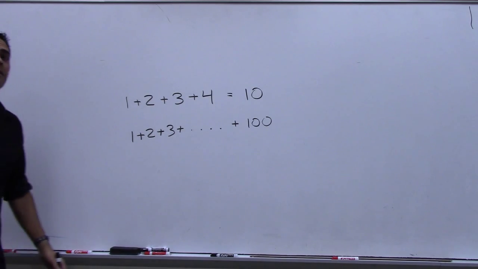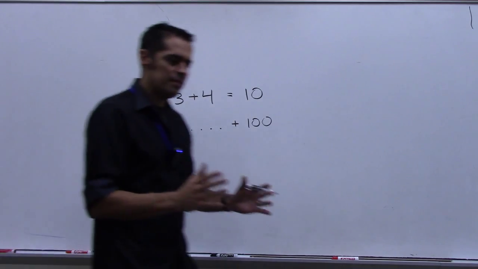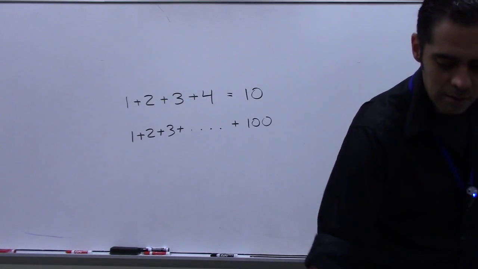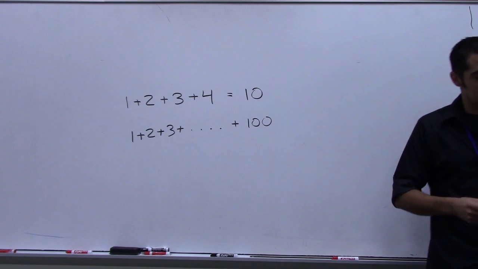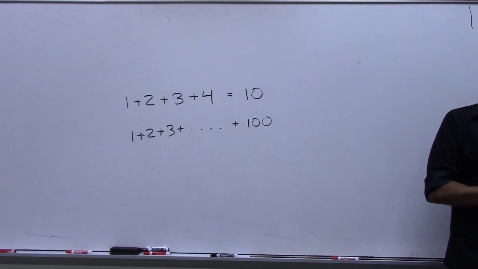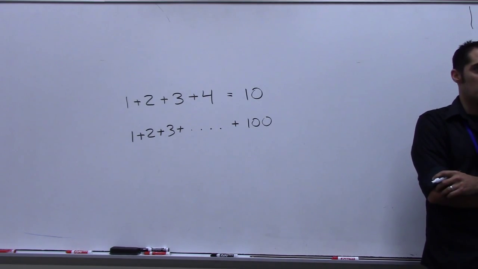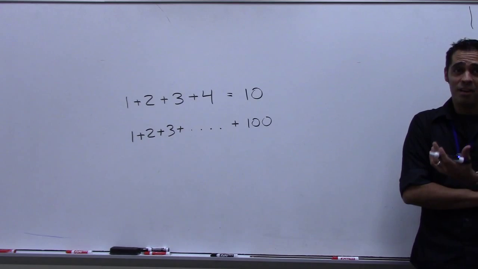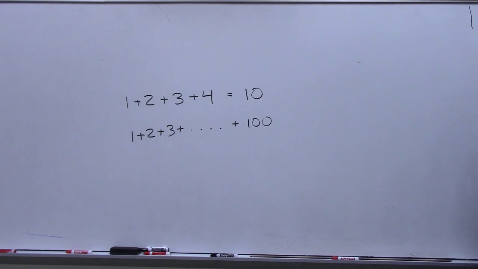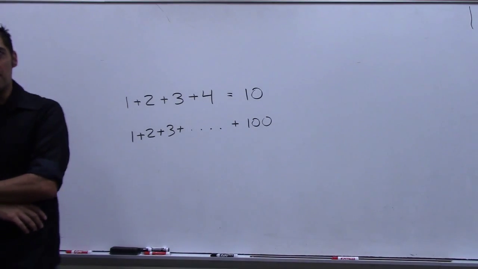Within a few minutes, Gauss took his little slate, because they used to write on little chalkboard slates in class, turned it over and crossed his arms and sat there quietly, very obedient.